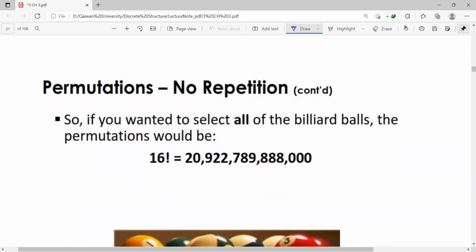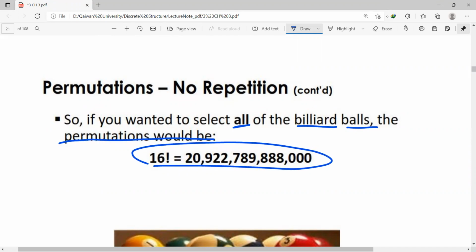So if you wanted to select all of the billiard balls, the permutation would be 16 factorial. In the previous example, we said you have 16 billiard balls, pool balls. If we want to select all the balls, that means you have 16 balls. If you select all one by one in successive ways, that means you have 16 factorial.